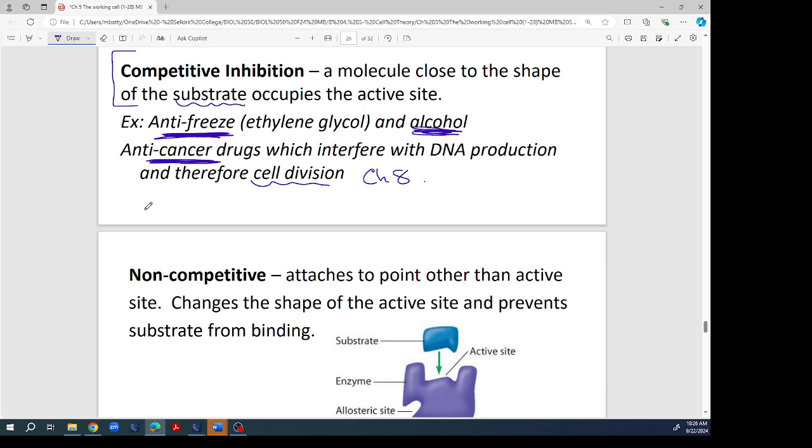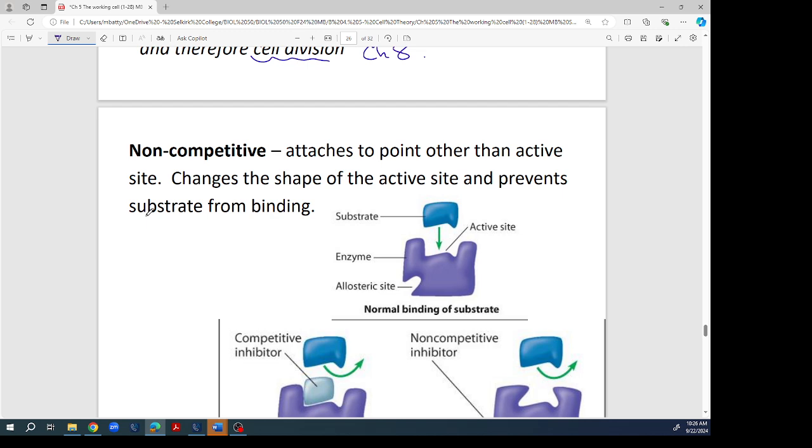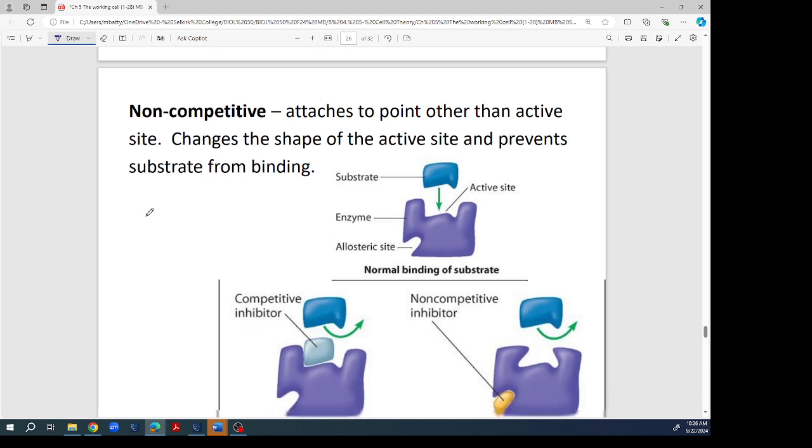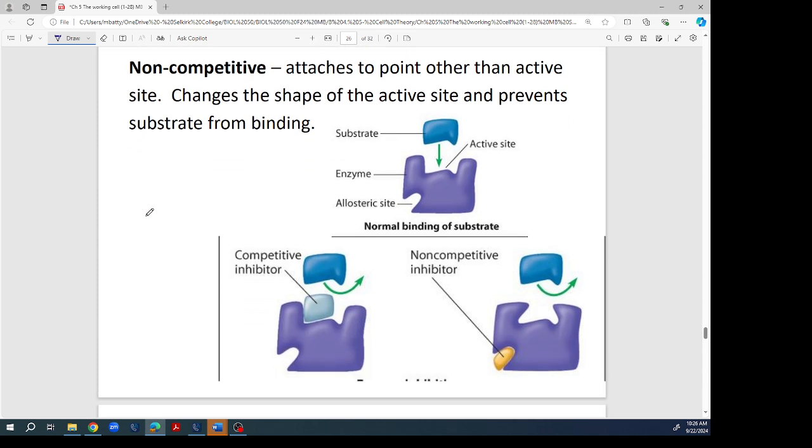So I love some pictures of these. I find them to be really useful in sorting my understanding of this stuff out. And so at the top there you have the normal action of enzyme and its substrate. And in competitive inhibition, this might be an antifreeze molecule blocking the active site so the actual substrate can't get in.